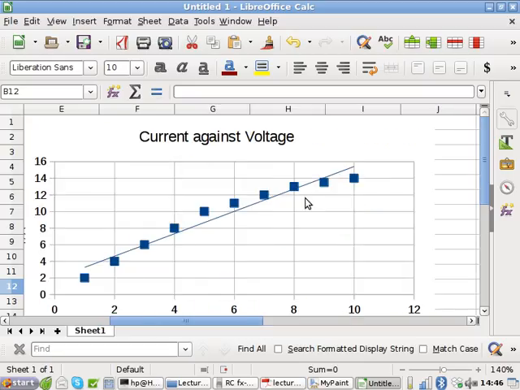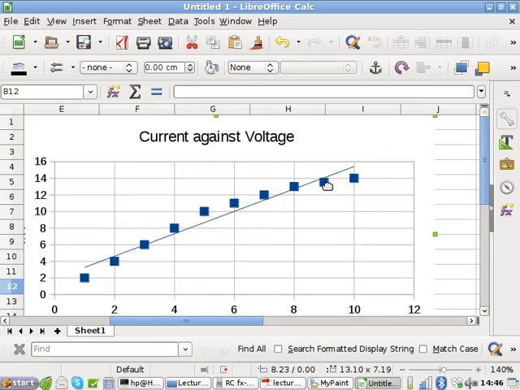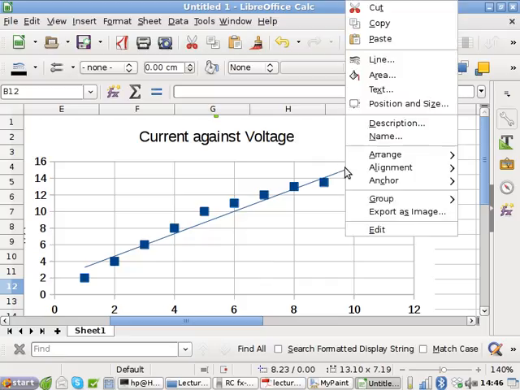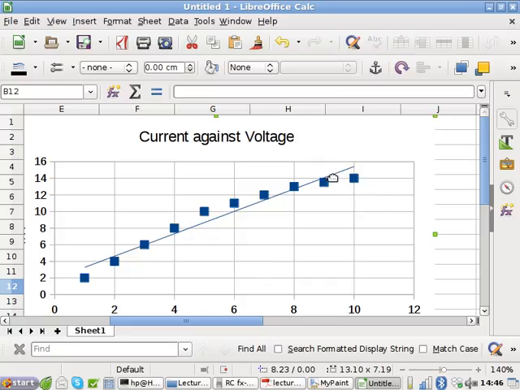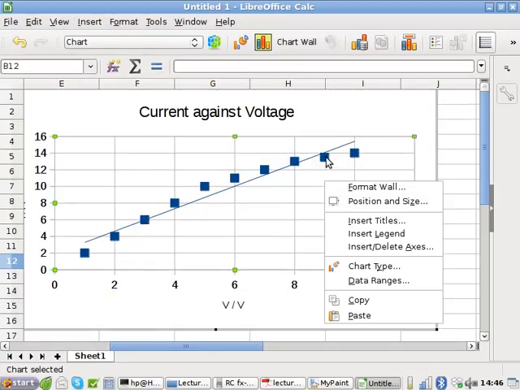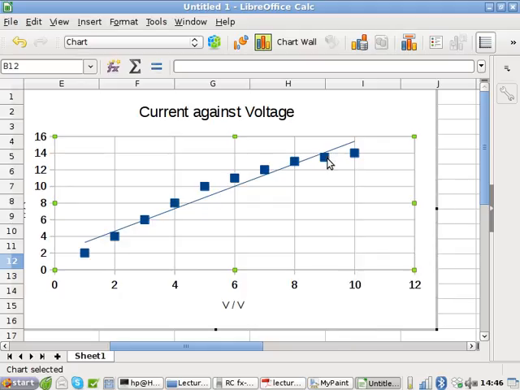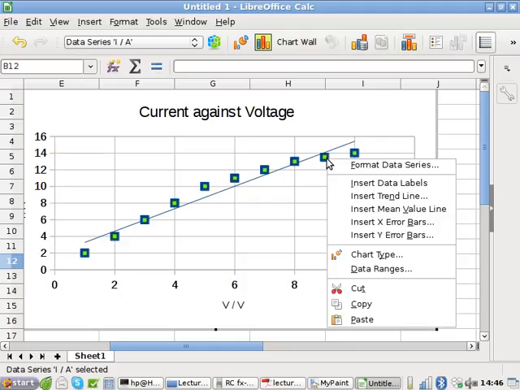So do you notice now you don't get a straight line? I should remove this line, but I don't know how.